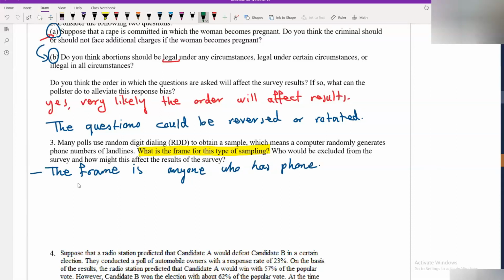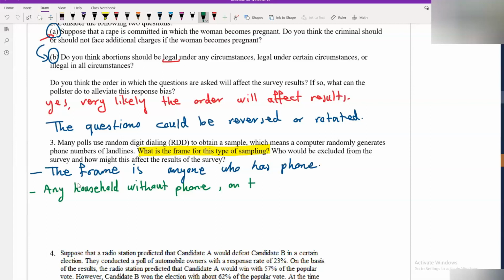And you may say any household without a phone, or we may say on the do not call list. They may have this option.